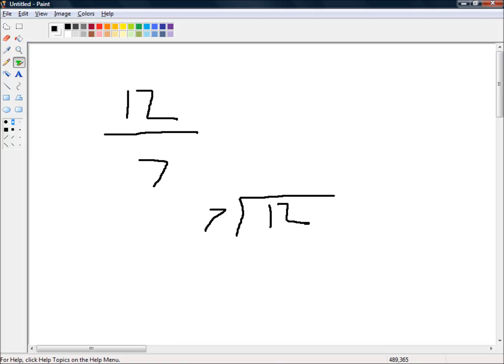So 7 goes into 1 zero times, so there's no tens. So 7 goes into 12 once, because 1 times 7 is 7, 2 times 7 is 14, so 1 is the biggest number we have without going over. Then 1 times 7 is 7, and we take that away, and 7 plus 5 is 12, so there's 5 remainder.